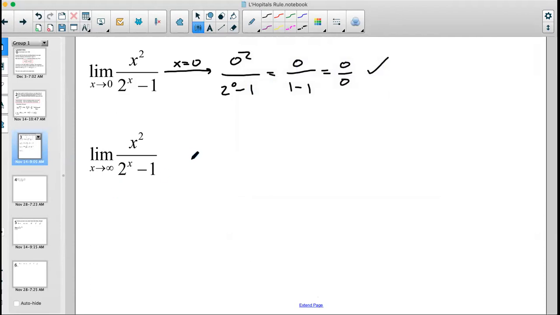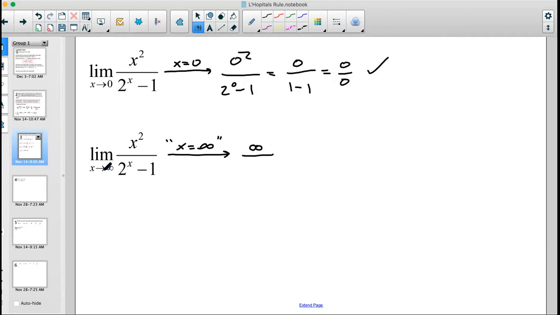This one, x is approaching infinity, so I'm thinking maybe this will be an infinity over infinity. And this one's a little bit weird. I don't really like to write this. This doesn't really make any sense. x can't really equal infinity, but when I say x is approaching infinity, I mean x is getting very, very, very large. So as x gets very, very large, the top of this fraction also gets very, very large. So I can write infinity with the understanding that this is not a number.